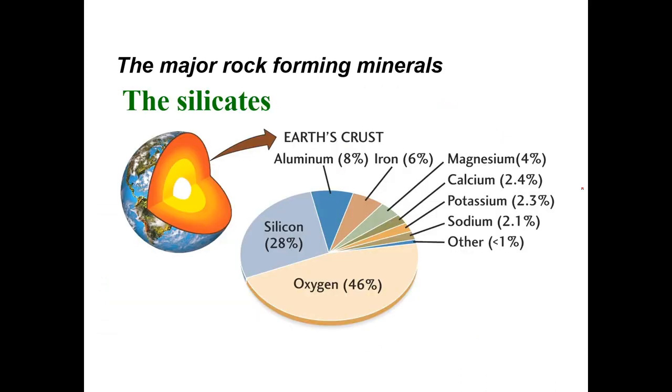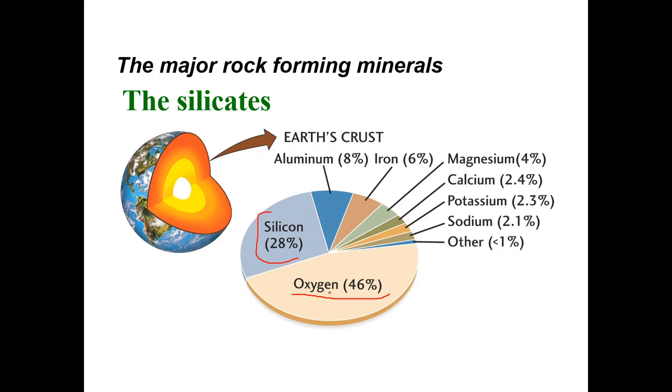Remember that Earth's crust is mostly oxygen and silicon. If you go and pick up a rock outside, probably it's 50% oxygen. A lot of it is also probably silicon, depending upon whether you have calcite, carbonate or not, or if you have a silicate rock.